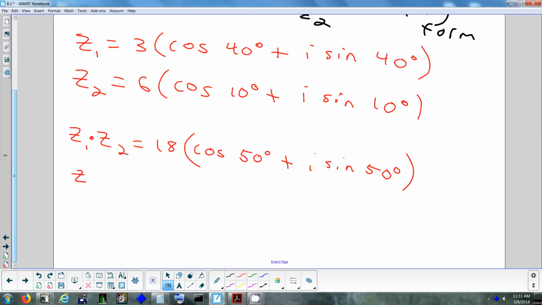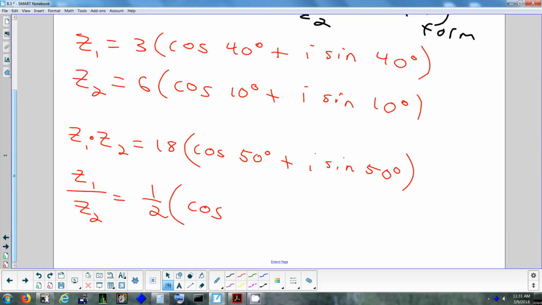Okay, let's try dividing. Okay, when I divide them, it's important you focus on the order. This is Z1 divided by Z2. So what's going to be my radius? 1/2. 3 divided by 6.